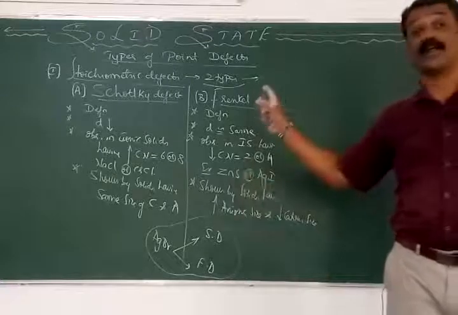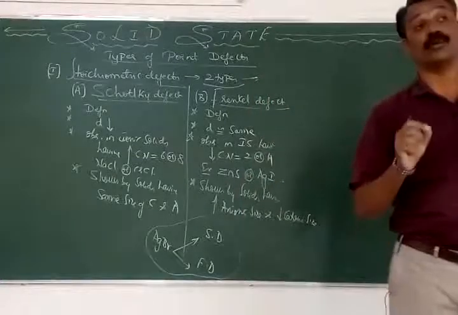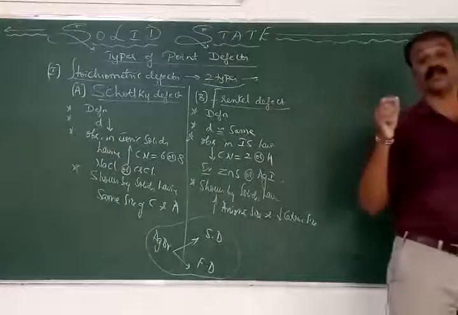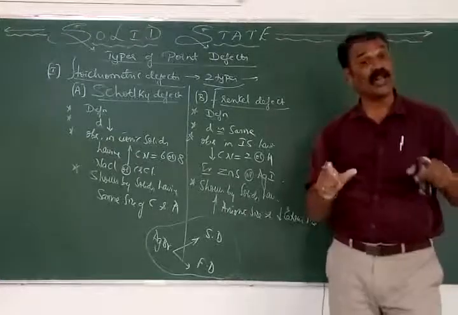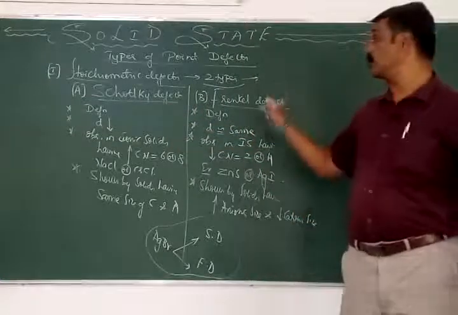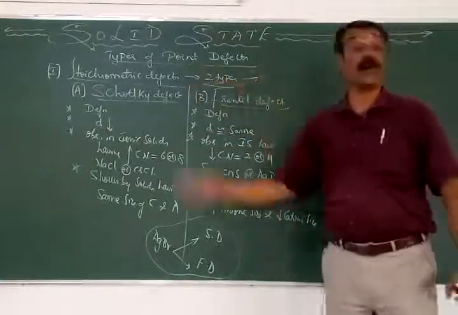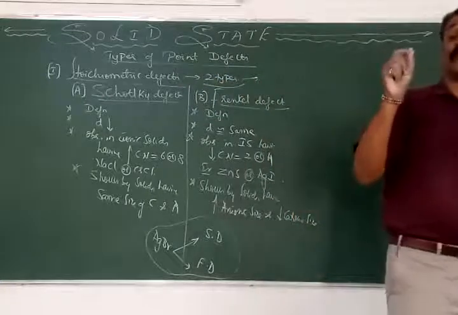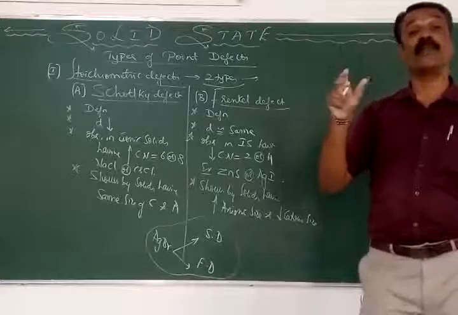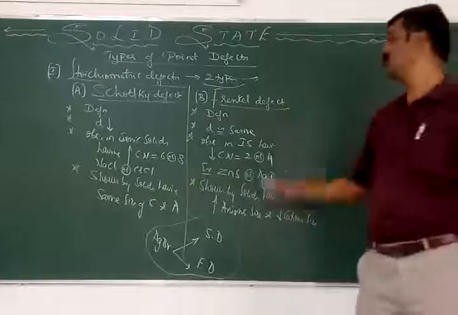Missing of an equal number of cations and anions from their original lattice points refers to the Schottky defect. Whereas in the same stoichiometric defect in ionic crystals, where one of the ions, preferably the cations, displaces from its original position and enters into the interstitial positions.